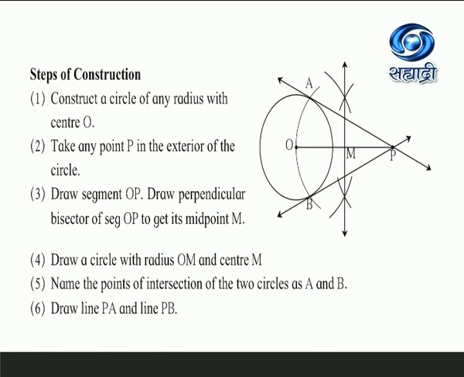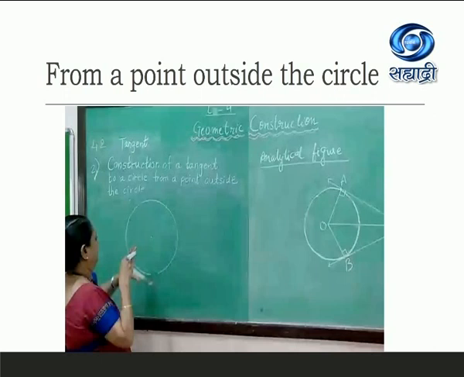You will get these two tangents to the circle with center O, touching the circle at two different points A and B.